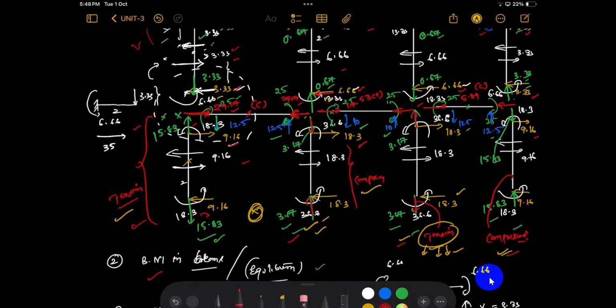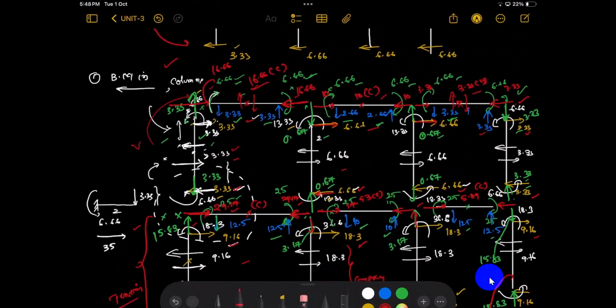Calculation wise it's correct, no error. We can observe there is no error in the calculations, but the method does not describe exactly what the real view is. It may go to error because it's an approximate method.